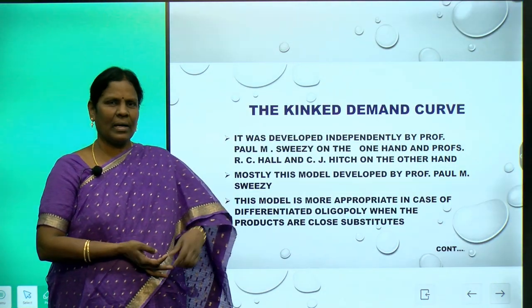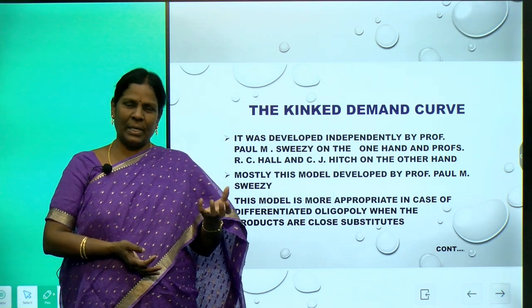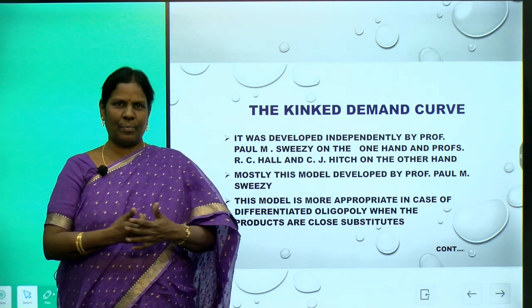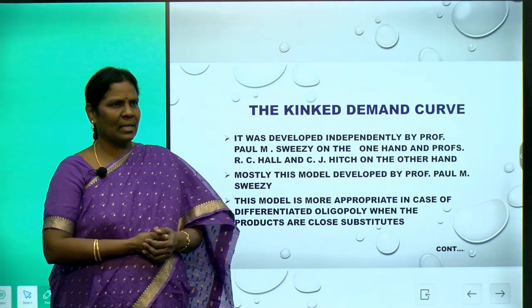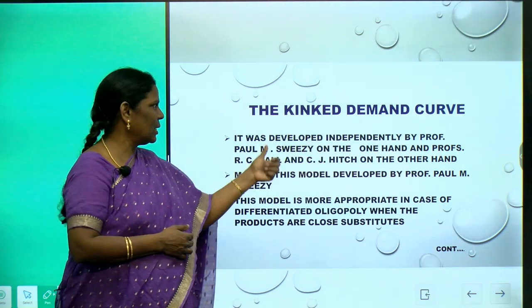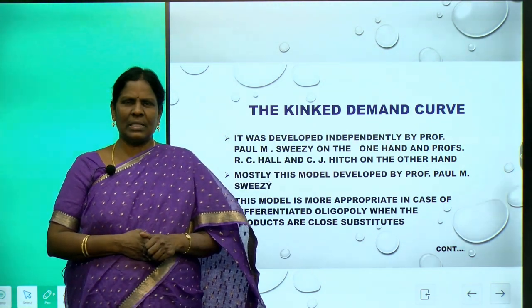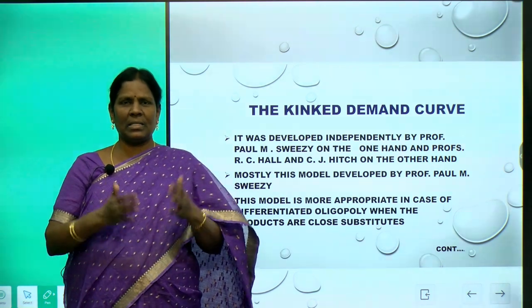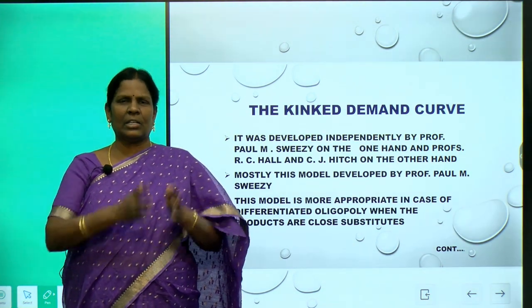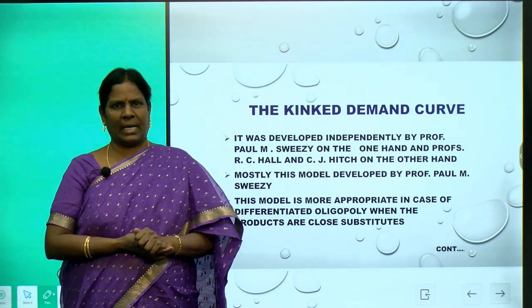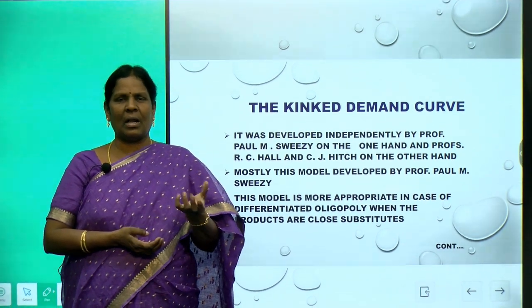See, already you know very well the meaning of price rigidity and why price rigidity, and then we come to the kinky demand curve. Dear students, you know very well the nature of the demand curve. It slopes downwards from left to right, based on the law of demand.